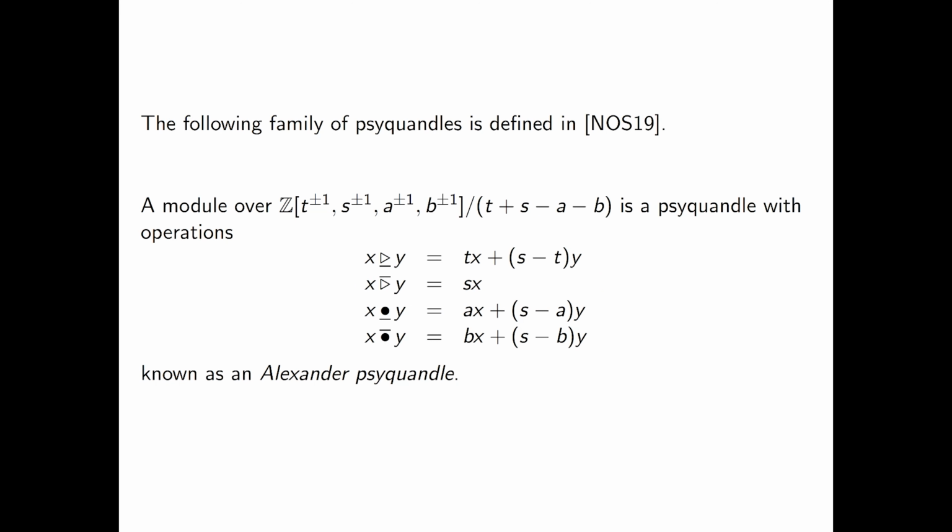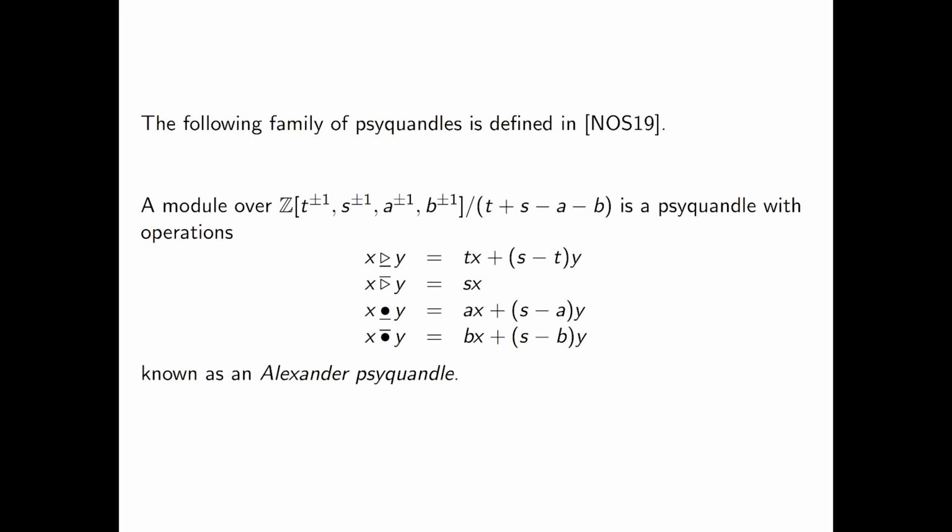Before we take a look at how we would go from the generalized Reidemeister moves to the axioms of a Psyquandle, or the Reidemeister moves of a pseudoknot to the P1 adequate Psyquandle axioms, we want to know that there are actual operations that satisfy all of the axioms to be a Psyquandle. In the paper Psyquandles, Singular Knots, and Pseudo Knots, the authors define the following family of Psyquandles.